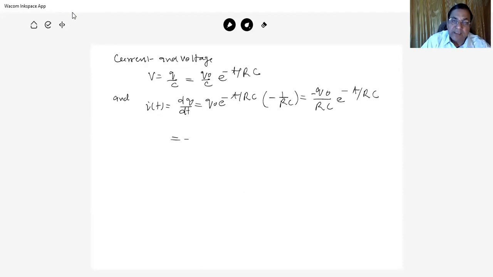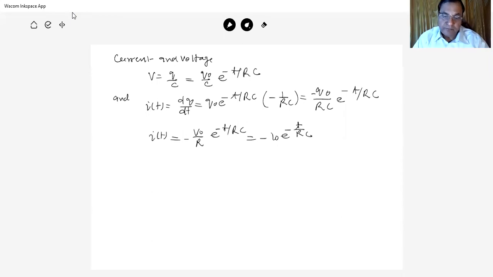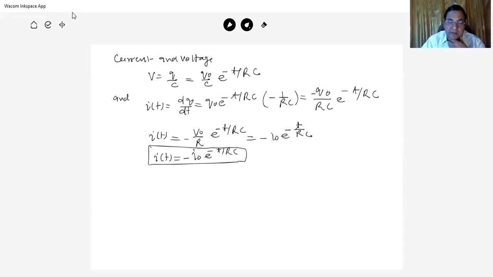So this is minus I0 e raised to the power minus t upon RC, that is I of t, where V0 is Q0 by C.